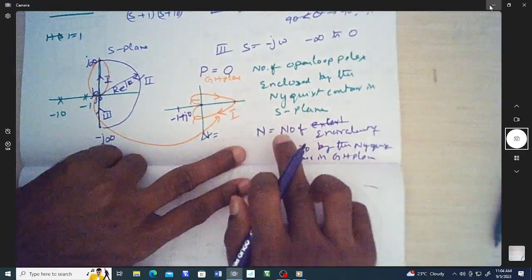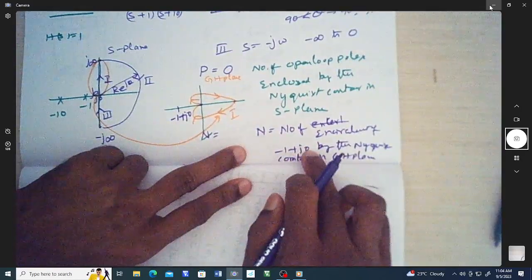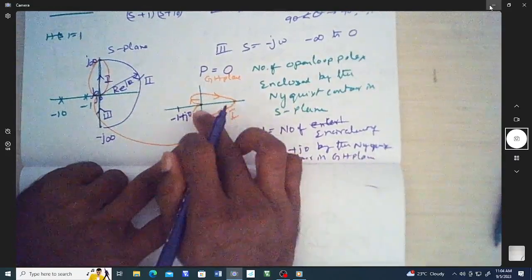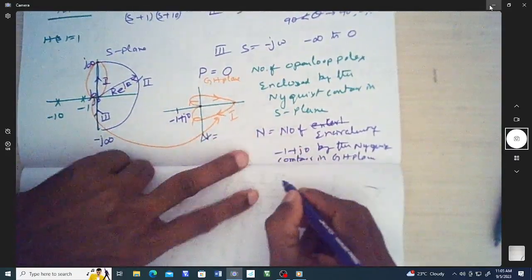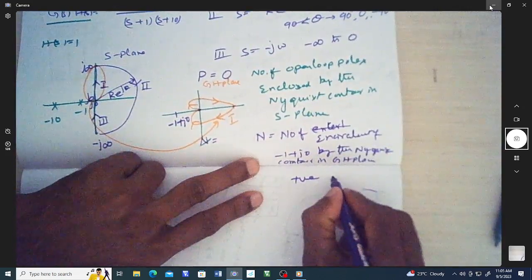This is very important. It's the number of encirclements of minus 1 plus j0 by the Nyquist contour in the GH plane. If the encirclement is in the clockwise direction, then n is positive.